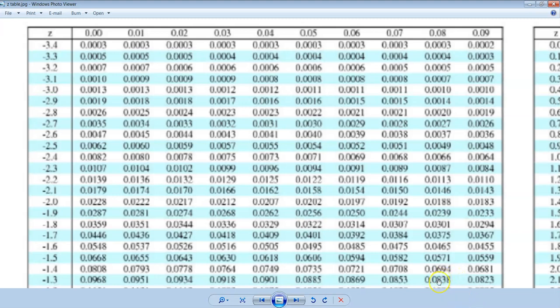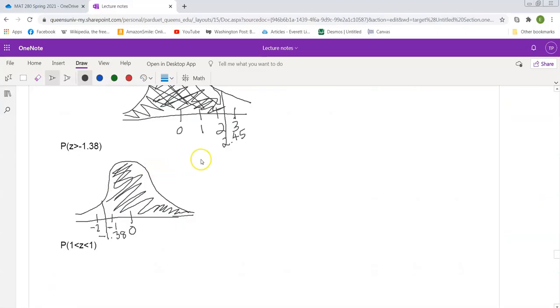So negative 1.38 is going to be 0.0838. But the 0.0838 is this area down here.